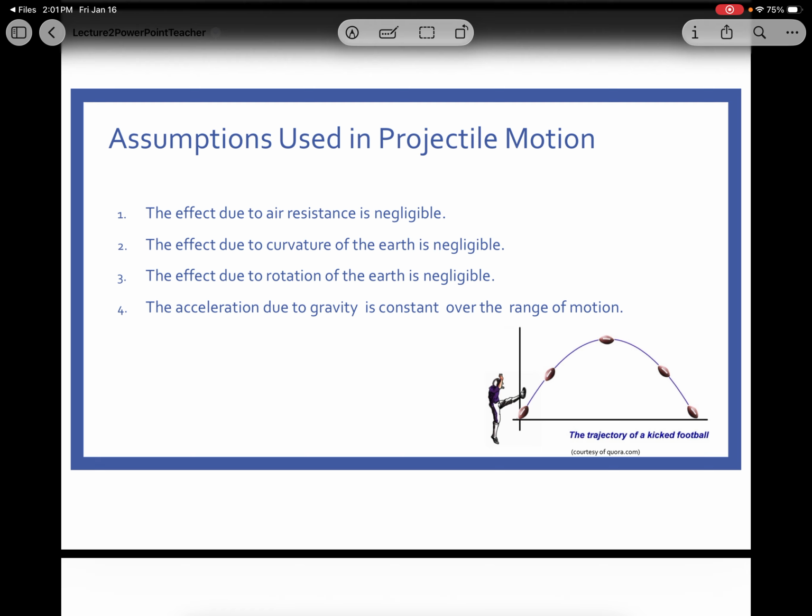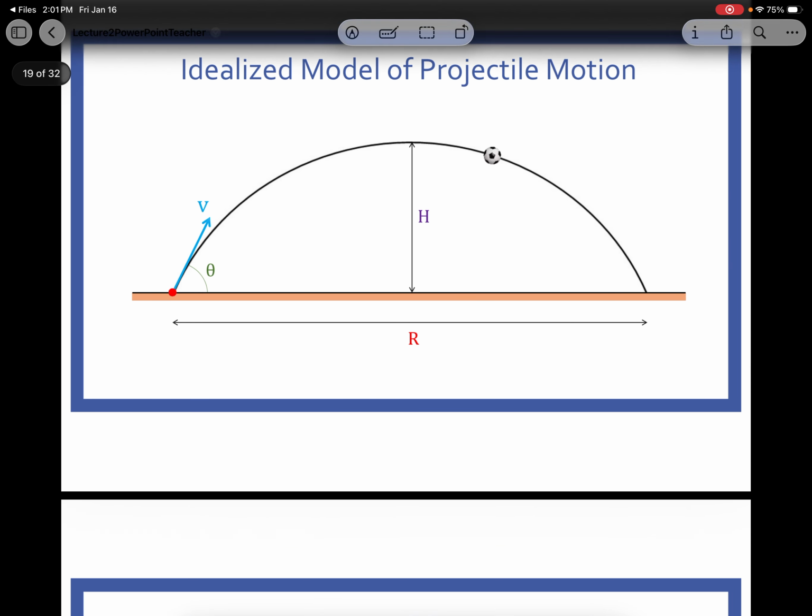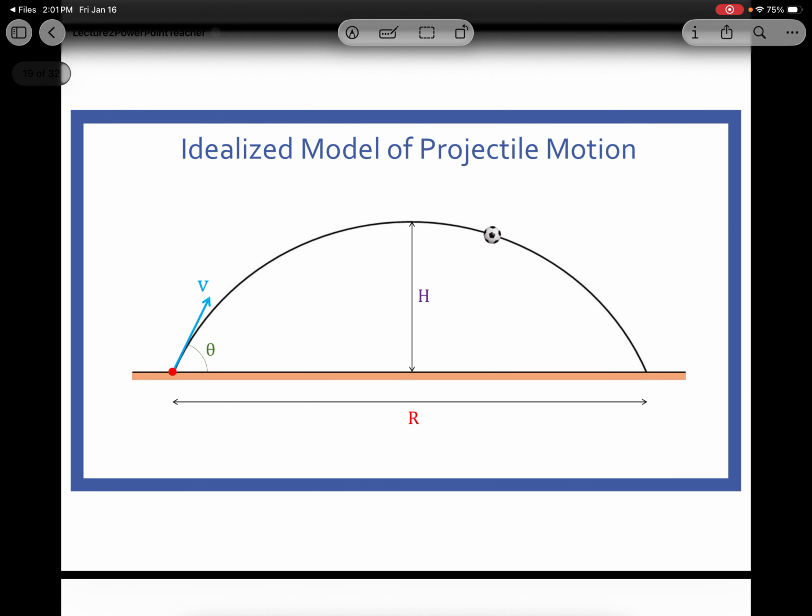So now what we can look at is define a starting velocity, a starting angle. This maximum height we're going to call h, and then the range that it'll move in the x direction we'll call r. So those would be the variables that we would have for projectile motion following a parabolic pathway.